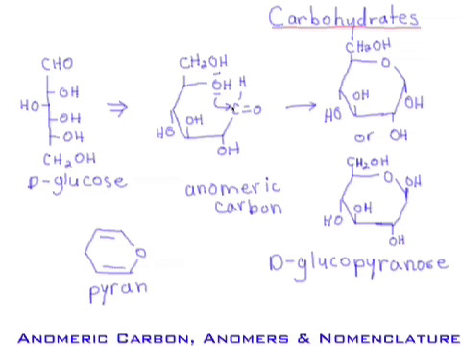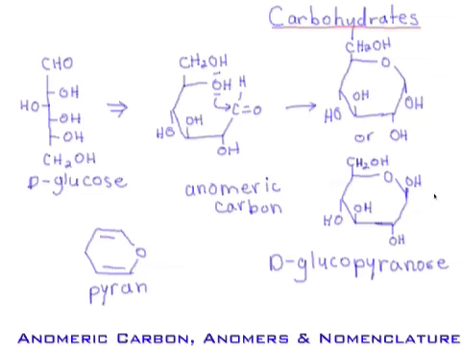So the anomeric carbon is the carbon that was the carbonyl carbon, but now has become chiral upon cyclization. It is the carbon whose chirality produces 2 different stereoisomers when you form the pyranose ring.